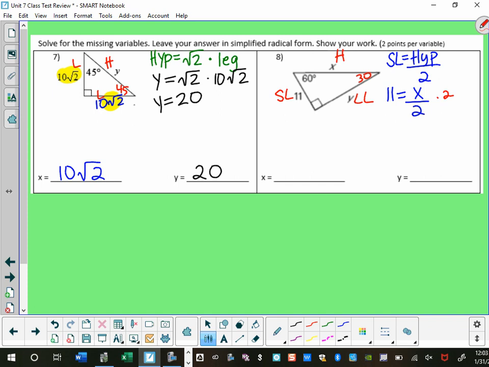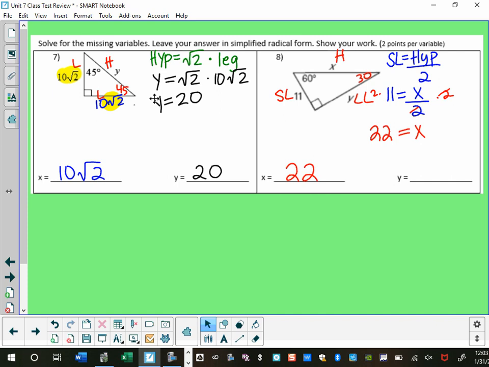It's x divided by 2, so I'm going to multiply on both sides. I'm left with x equal to 2 times 11, which is 22. You did 11 times 11, didn't you? Yes.